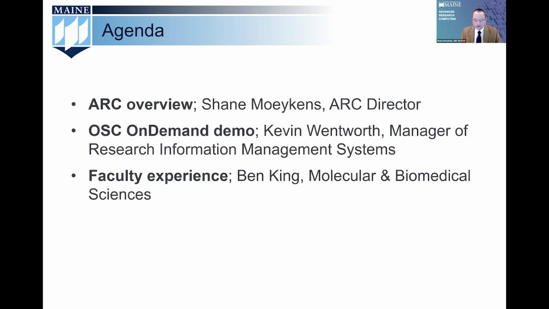And Kevin Wentworth, who's a manager of research information management systems at UMaine, will highlight the Ohio supercomputer, their user environment, and do a bit of a live demo. And third, we have Ben King, who's a bioinformatics faculty member here at UMaine. He'll talk about his research computing experience at UMaine, as well as his experience with Advanced Research Computing.